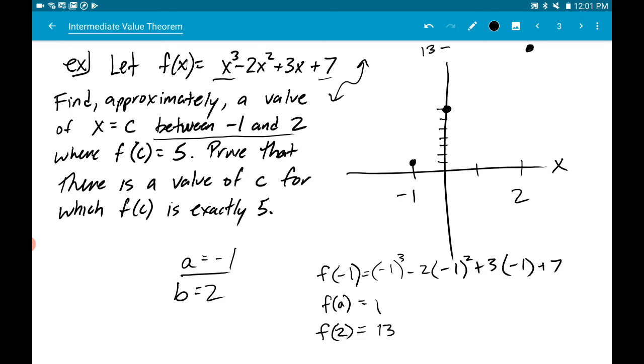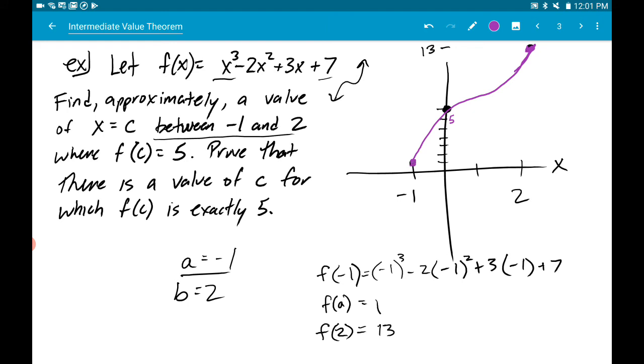But the point here that brings this IVT together is that we know that if the function is continuous, there's not going to be any holes or gaps or issues. And so I'm going to change colors here, but I know if I'm starting here and getting to here, it's going to have some curve. Again, my graph's not drawn accurately, but it is continuous. And 5 is right here.